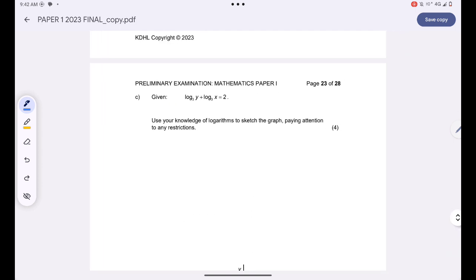We are given the log of y base 3 plus the log of x base 3 equal to 2. We are supposed to use your knowledge of logarithms to sketch the graph, paying attention to any restrictions. Okay, I have the log of y base 3 plus the log of x base 3. This is equal to 2.